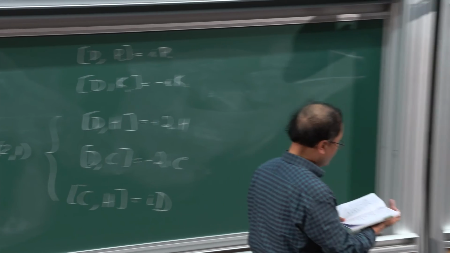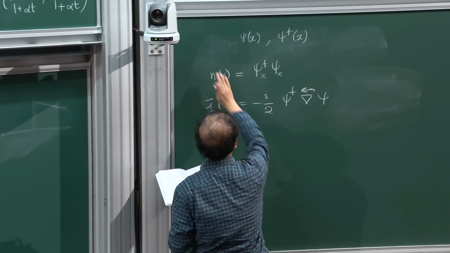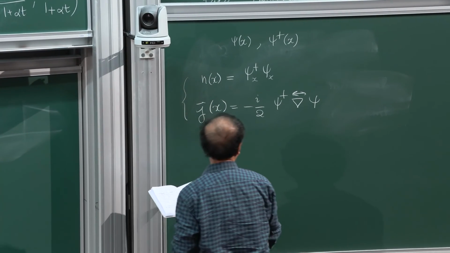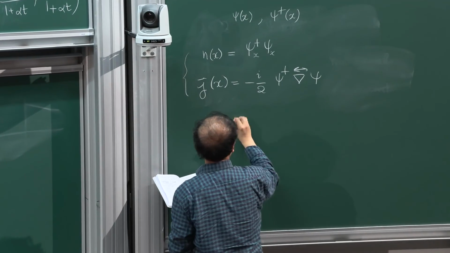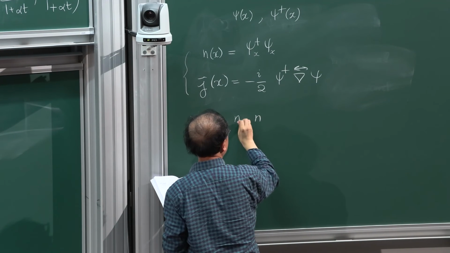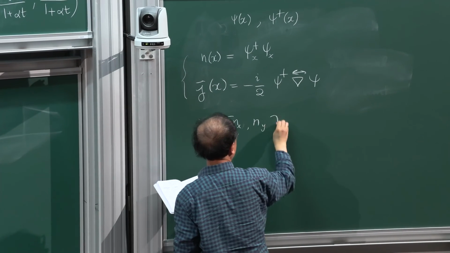And one thing about this n and j is that they themselves form a closed algebra, and n commutes at different points.